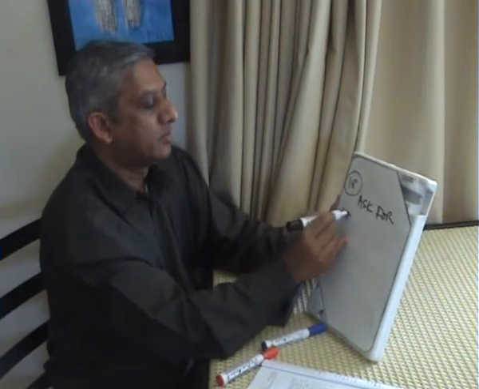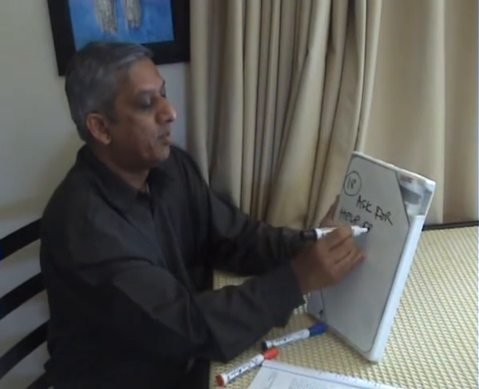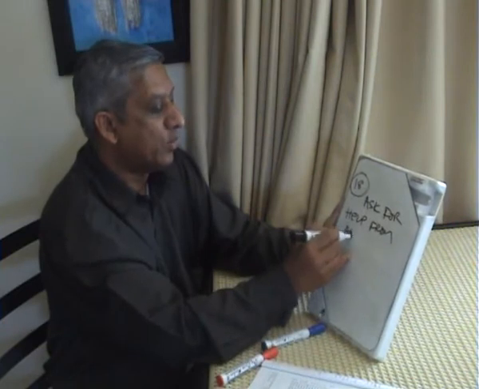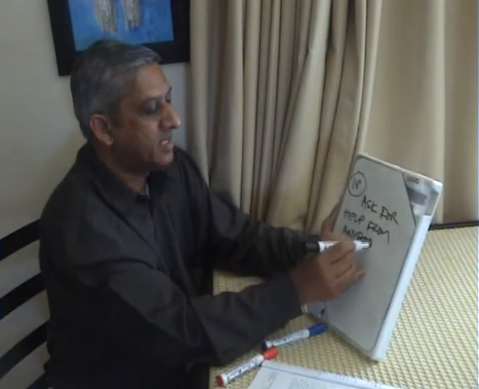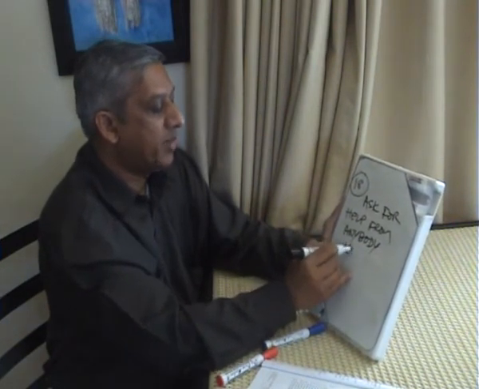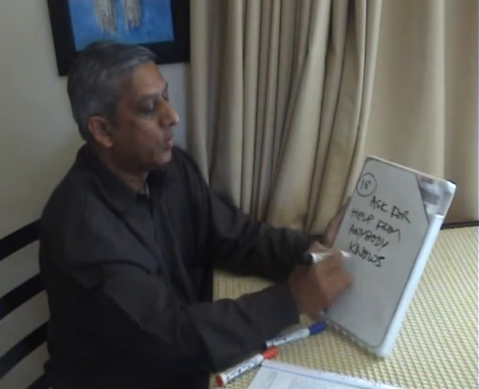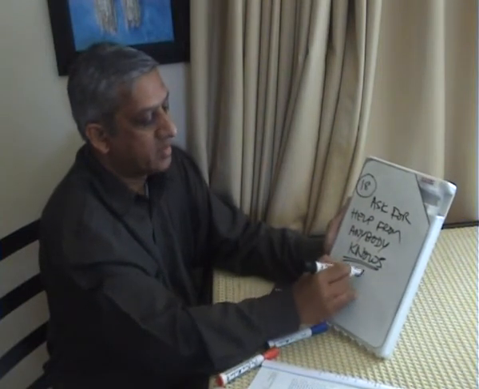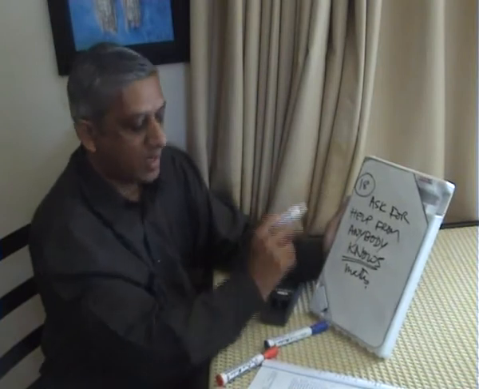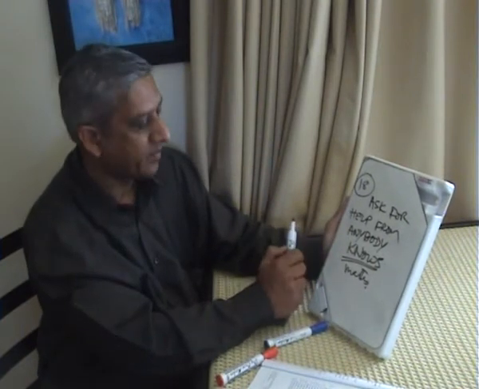Ask for help from anybody who knows maths. It doesn't have to be only your teacher. Anybody who knows maths. You have a right to ask for help from anybody.